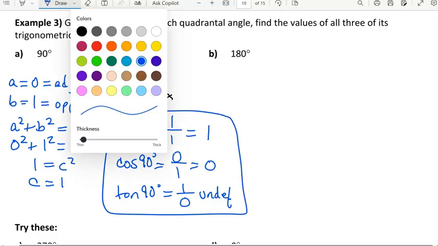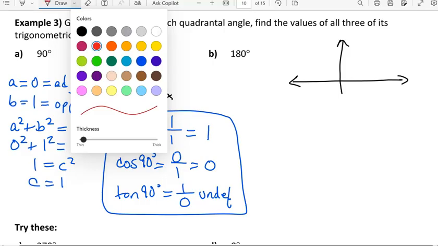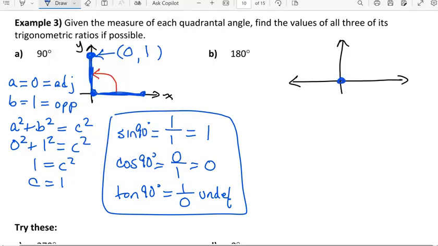All right, now let's find the values of sine, cosine, and tangent for 180 degrees. So that's also a quadrantal angle. For a 180 degree angle, our initial side is on the positive x-axis, and the terminal side is going to be on the negative x-axis because this is a half turn, 180 degrees.